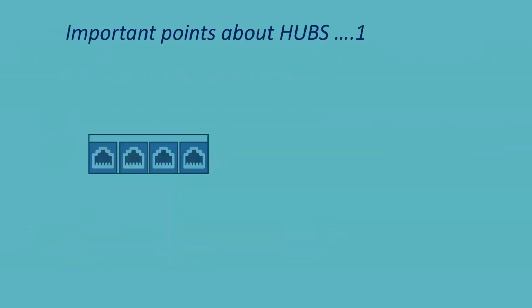So a hub is a device which has multiple RJ45 female connectors. Here in particular, I've just given a picture of 4 ports, 4 RJ45 female connectors, but in practice a hub can have more than 4 ports also.